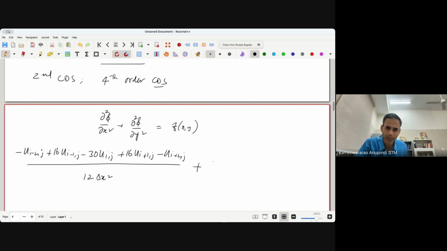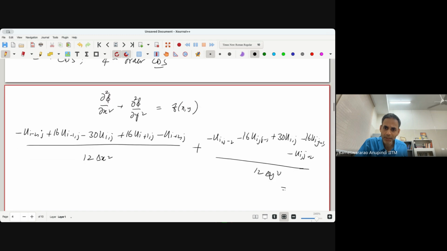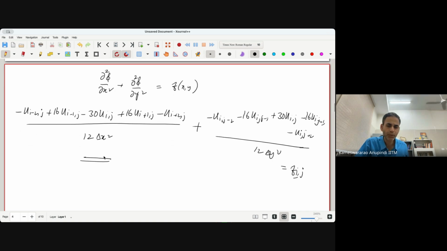Then you're going to get plus a very symmetric form of this, which is u I j minus 2 minus 16 u I j minus 1 plus 30 u I j minus 16 u I j plus 1, and then minus u I j plus 2, divided by 12 delta y square, equals fij.